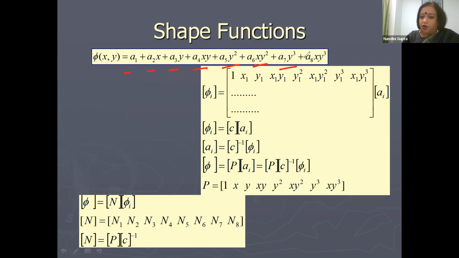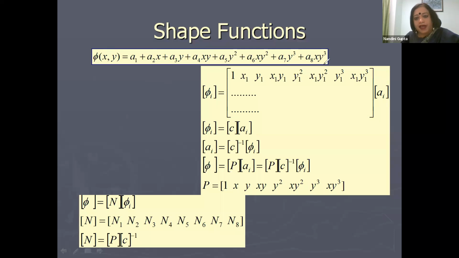Y cube, x cube is dropped, y cube is retained, and a8 xy cube is retained. So all terms which have x first order are retained, and all terms of y are retained. And I get 1, 2, 3, 4, 5, 6, 7, 8 terms. I think I had missed this term in the previous slide. So is this clear? What are the terms that we have to consider?